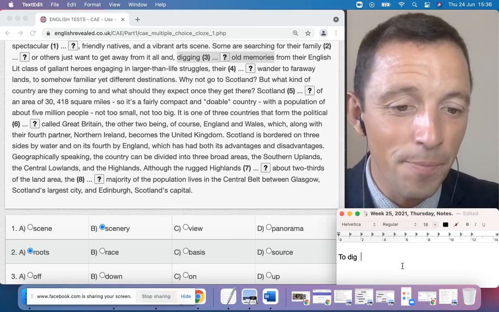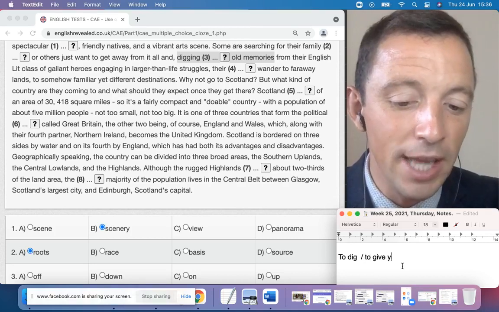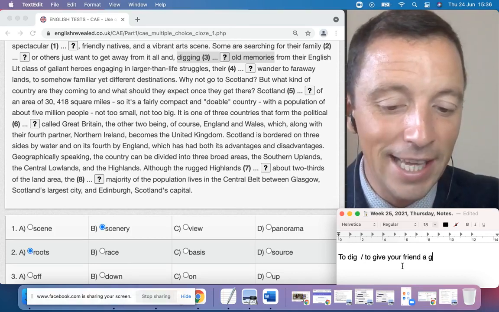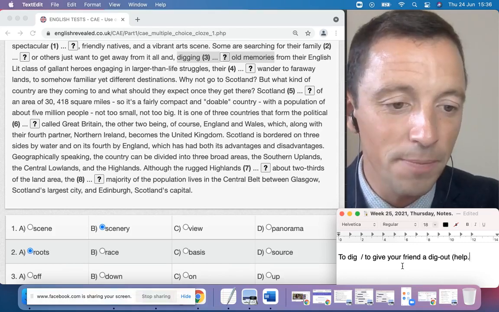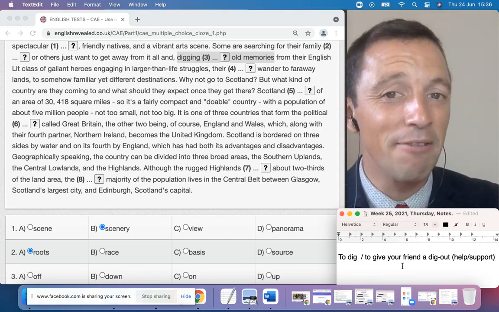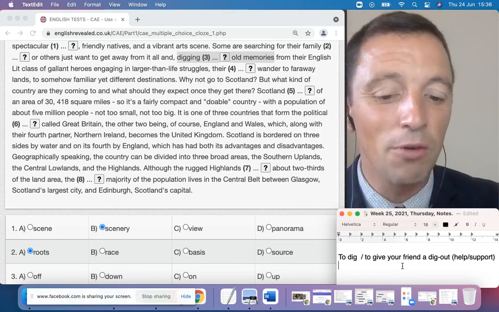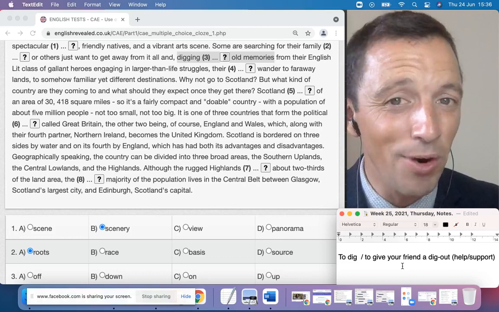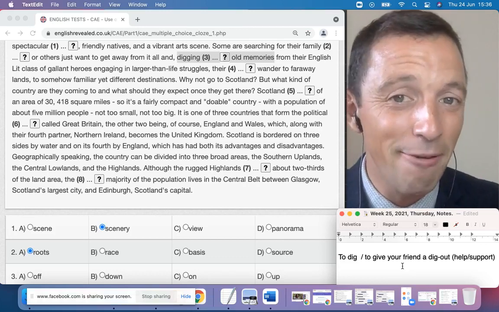And remember, we have a possibility to give your friend a dig out, which means maybe help or support. Okay, so to give your friend a dig out is the significance to give your friend help or support. Remember in the previous class this morning, I think I explained this family a lot.